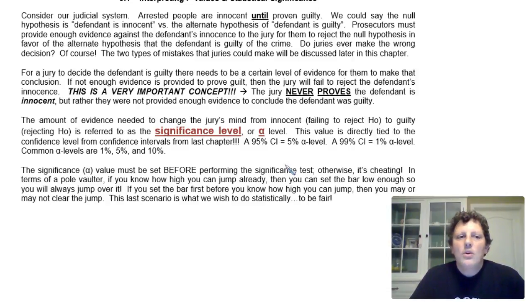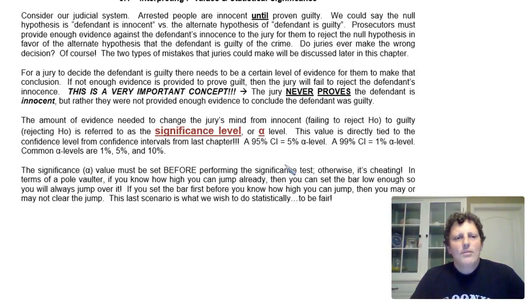So we could say that the null hypothesis is that the defendant is innocent, and the alternative hypothesis is that the defendant is guilty. Prosecutors have to provide enough evidence against the defendant's innocence for the jury to reject the null hypothesis in favor of the alternative hypothesis that the defendant is guilty of the crime.